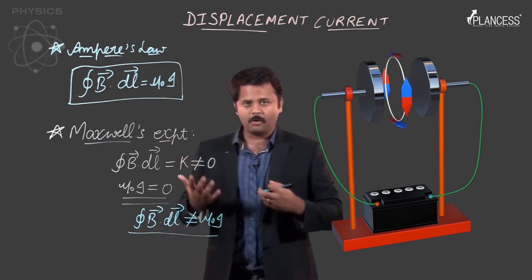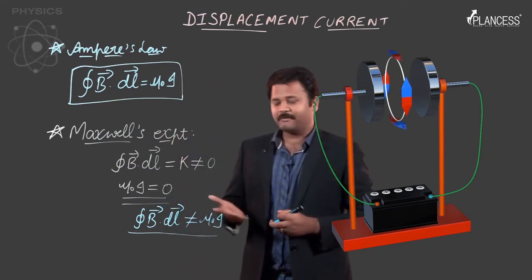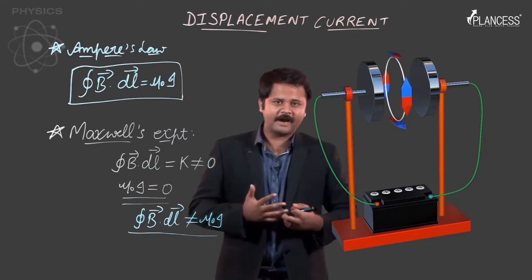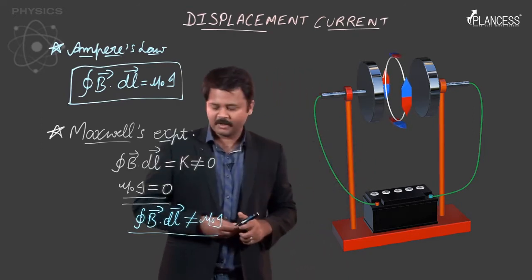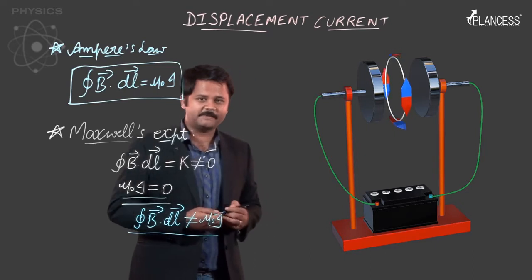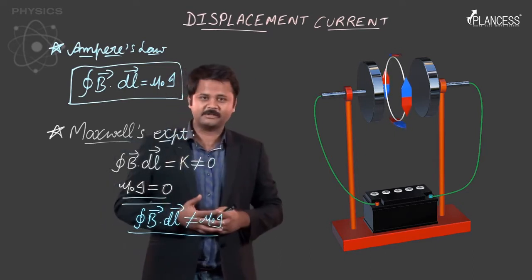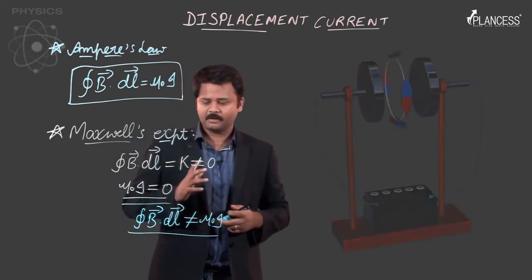It needs to be true across every situation, across all the kinds of experiments that we construct. However, in this particular experiment, he saw that Ampere's law was not valid.